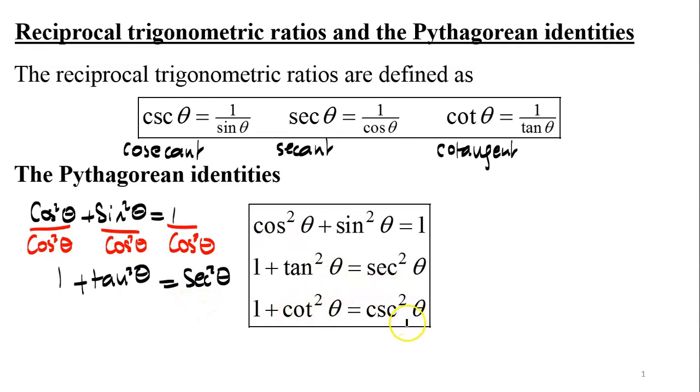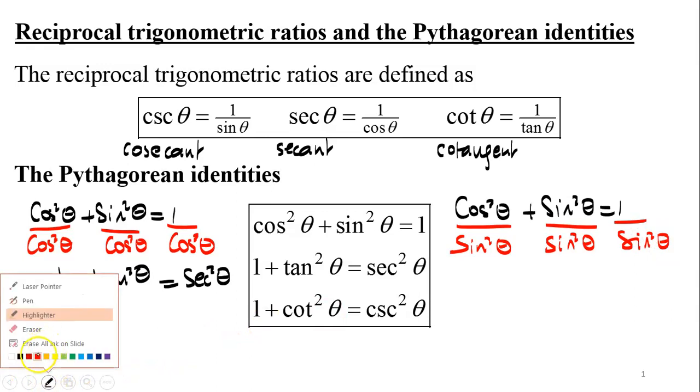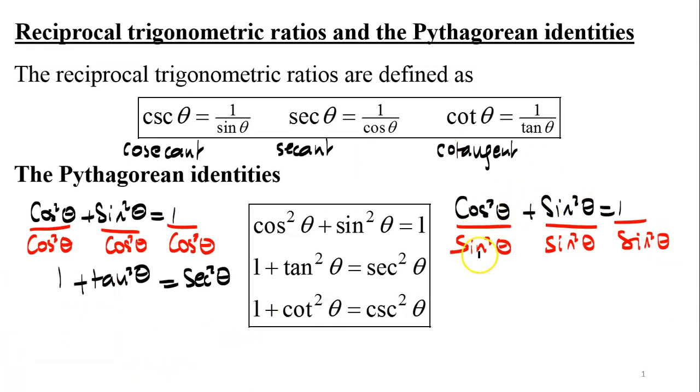And it's the same for the third identity here. So again, starting from cosine squared plus sine squared equals 1. Since I want to reach cosecant squared on the right hand side, and I already have 1 here, I'd have the idea of dividing all terms in this identity by sine squared this time. Now cosine squared divided by sine squared.